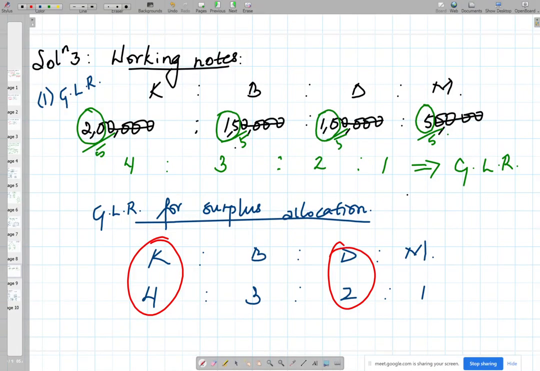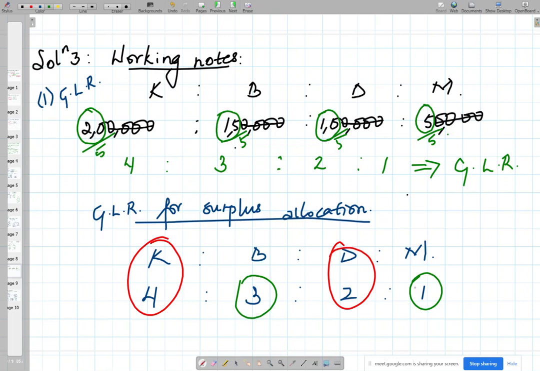K and D have a surplus. So keep them out of the equation. You want to give their surplus to the other two, that is B and M. Clear? So your new ratio is now 3:1. 4 and 2 are out of the picture because they have a surplus. They will not get any more surplus now.